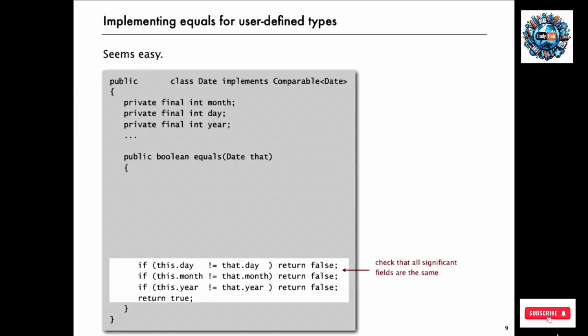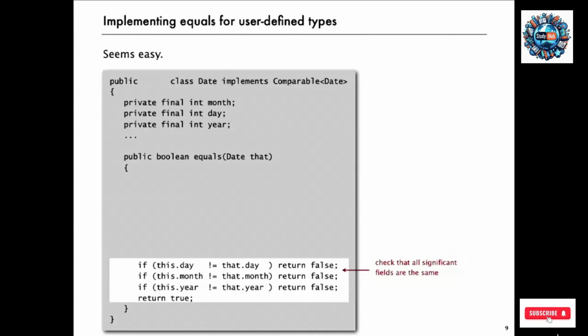Say we have this simplified date implementation that we talked about before. It's a mutable type, and every date has a month, a day, and a year. It seems like it should be easy to implement equals. Basically, we just check that all the significant fields are the same. Two dates should be equal if they have the same day, month, and year, and if any one of those is not the same, just return false.